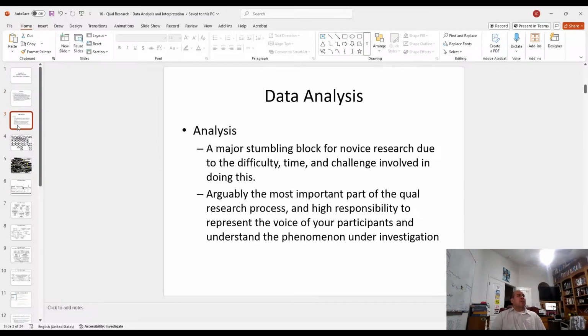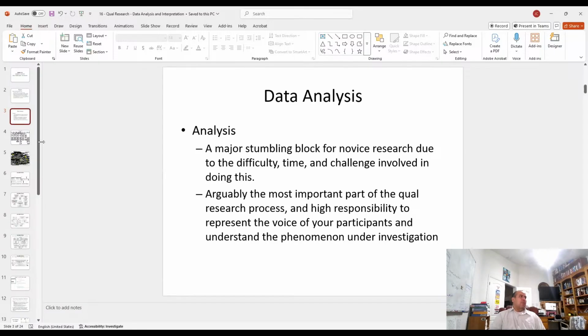So the analysis is a major stumbling block for novice researchers. It's difficult, it's time consuming, it's challenging, but arguably the most important part of qualitative research is analysis, given that this is the final stage and really exposes what you found to the world.